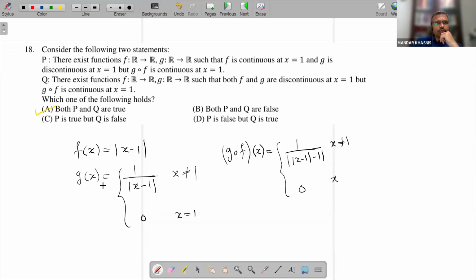Anyone else who got the answer? This is apparently easy. I think you will be able to get the examples. Sir, it will be 0 at x equal to 0 and x equal to 2. Where should I change?